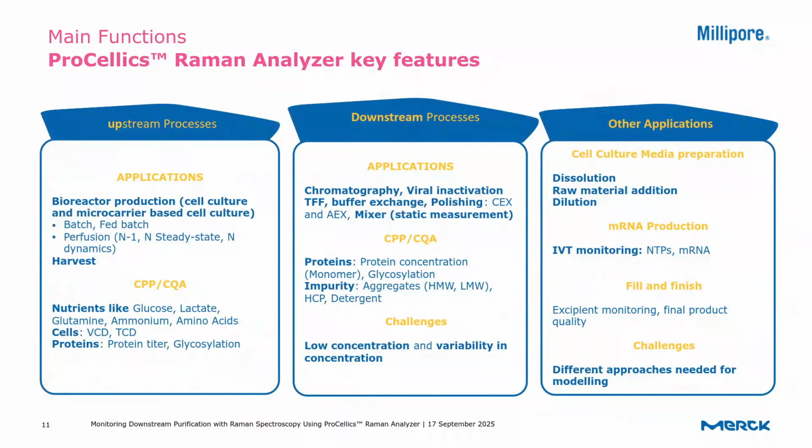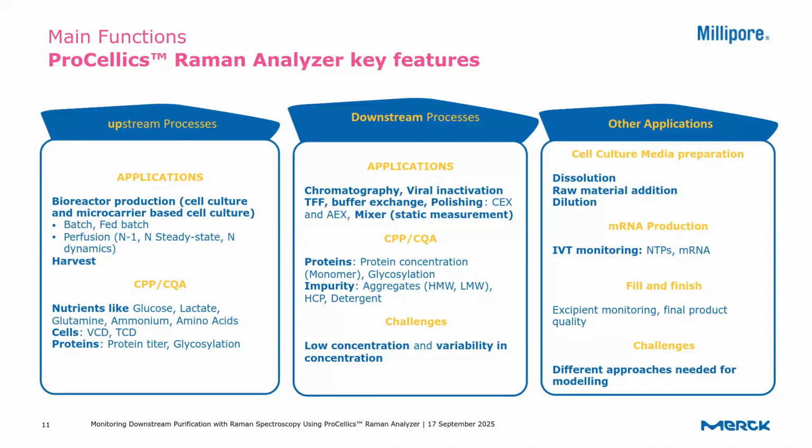When we're looking at the different types of components that are measured, there's a wide variety of unit operations and applications across different modalities where we see Raman spectroscopy as beneficial. Traditionally, it was used in the upstream space for measuring a variety of components in a bioreactor, but we're going to be focusing today on the downstream approaches, specifically tangential flow filtration.